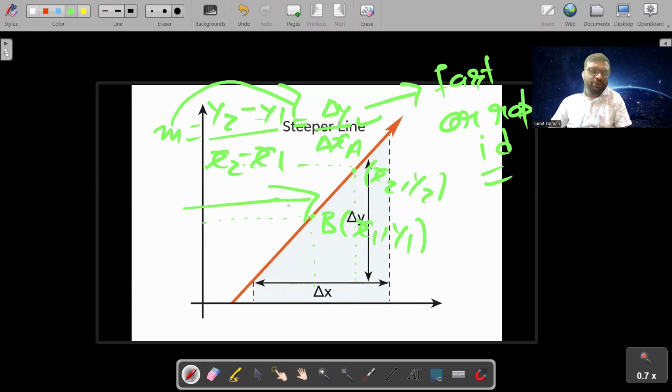So now students, we will use this concept in our problem. So now we will see our problem.